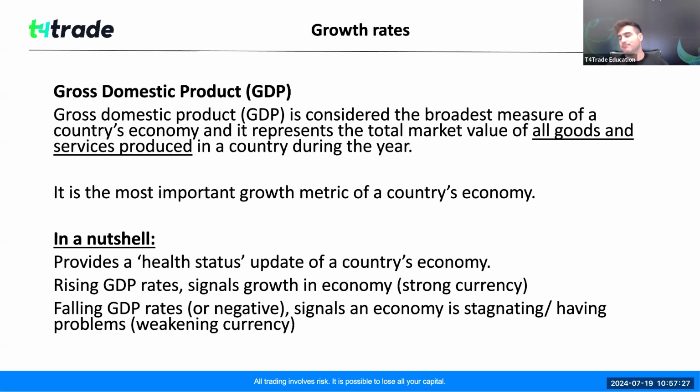So if your economy is creating, let's just say, manufacturing equipment or cars or whatever that is, those are goods being produced within your economy. They have a value, and if you combine all the stuff that was produced within that year in that economy and add its value all together, it gives you what we call the GDP. So the higher the gross domestic product, the stronger the economy is.